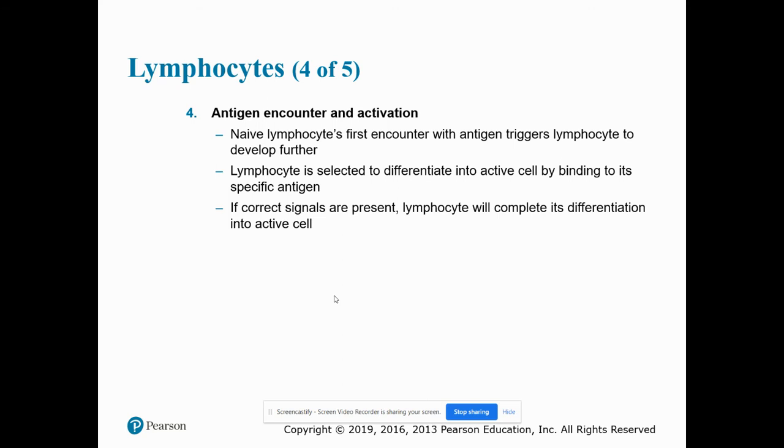So a naive lymphocyte will encounter an antigen, and it's going to actually trigger the lymphocyte to continue to develop. The lymphocyte will actually differentiate into an active cell whenever it binds to a specific antigen. And then this next line is just saying that if the correct signals are present, the lymphocyte will complete the differentiation into an active cell.